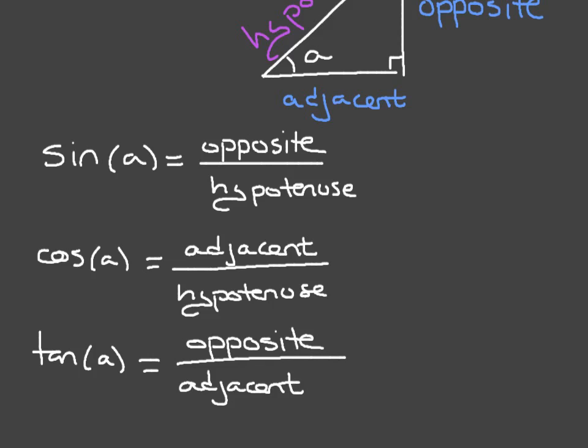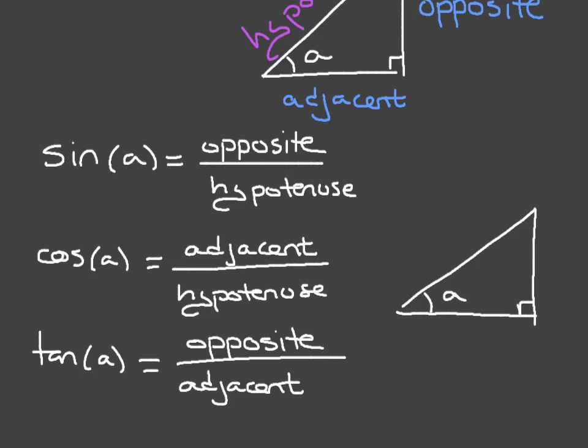Now, instead of having to write adjacent, opposite, hypotenuse each and every single time, we're going to use this notation. If I draw a right angle triangle again, and this angle A, we're just going to use capital letters.